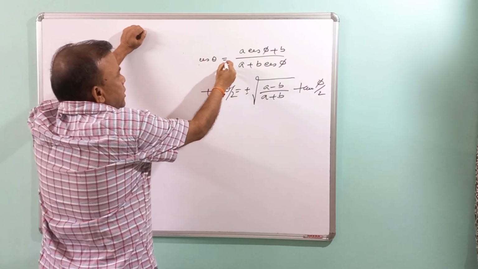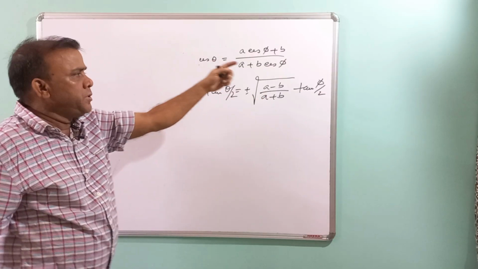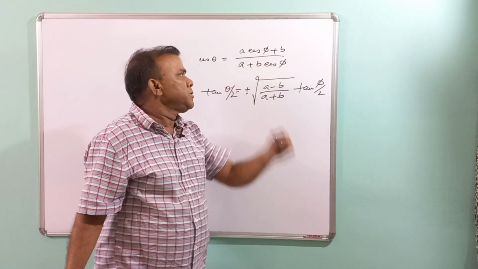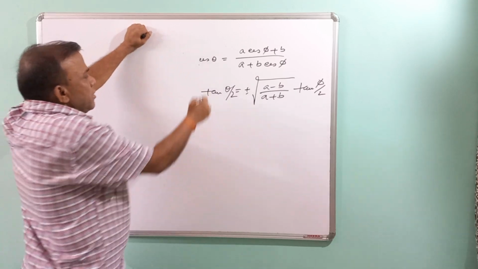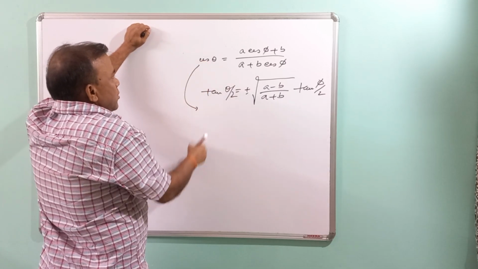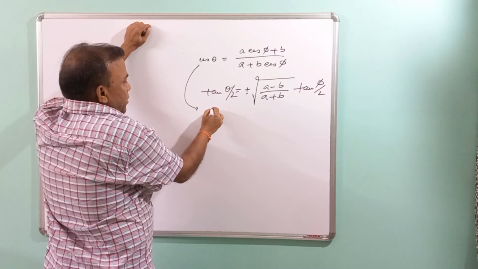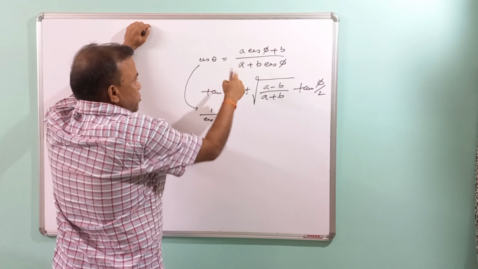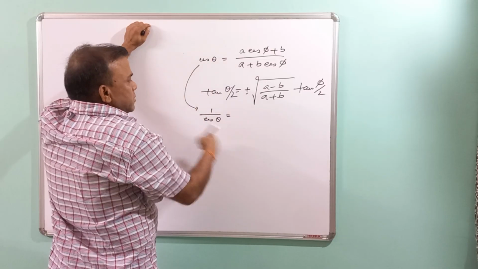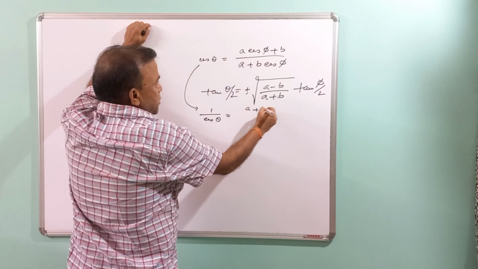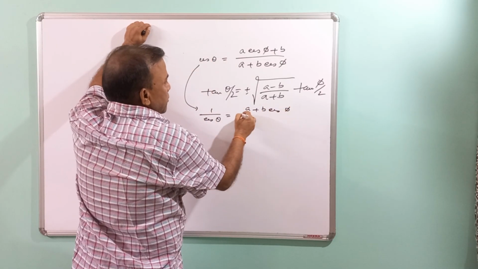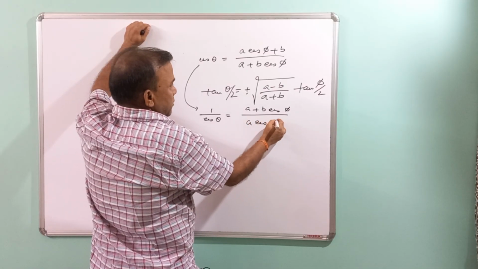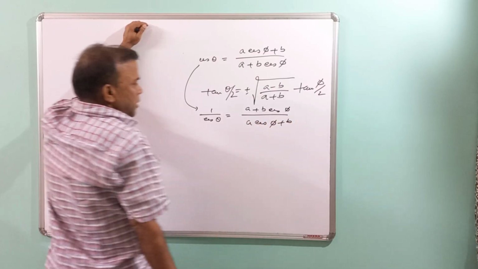Here cos theta equal to (a cos phi plus b) divided by (a plus b cos phi) is given. Therefore, taking reciprocal of this relation, 1 by cos theta equals (a plus b cos phi) by (a cos phi plus b). Okay.